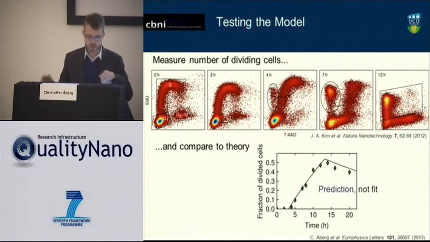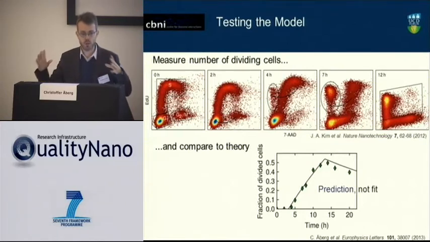This is for A549 cells, but I guess the details wouldn't matter much. It would just be different parameters for other cells. So having done that, we have a model for A549 cells, and we can use that model. Experimentally, one can measure a certain subpopulation of cells and see how many cells divide as a function of time.